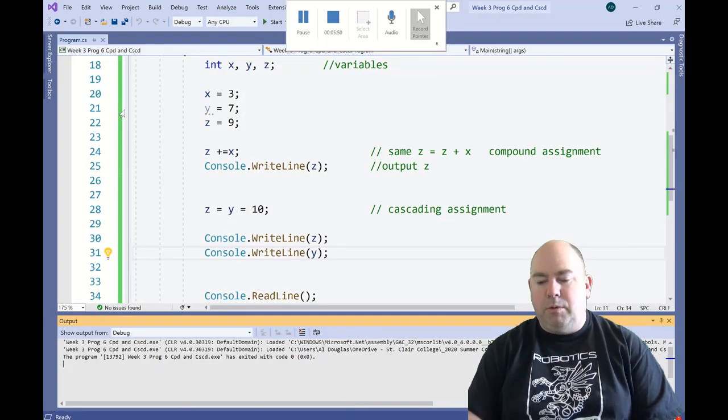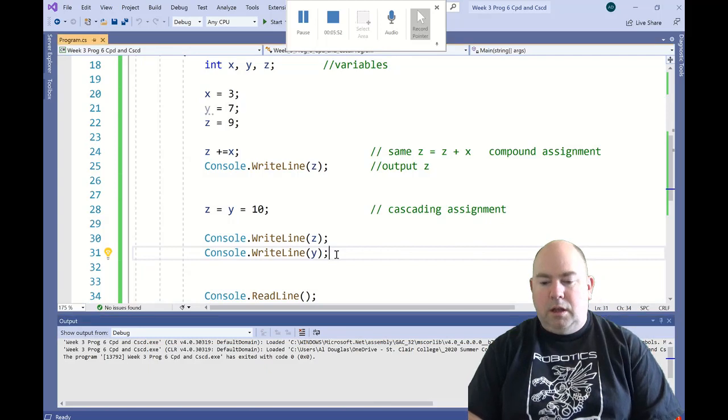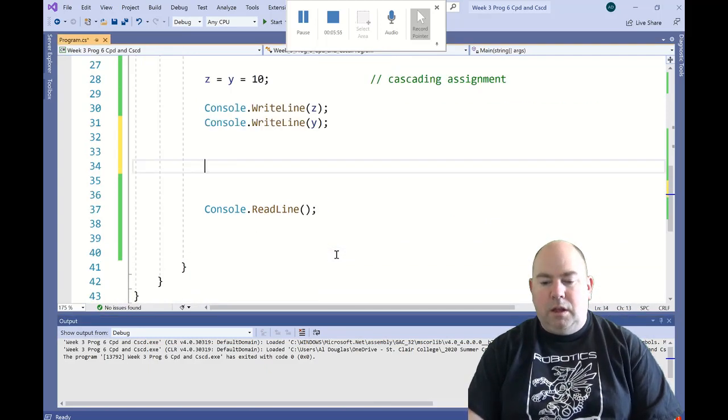Now another thing you can do with this as well is you can actually directly put your operators right in here.